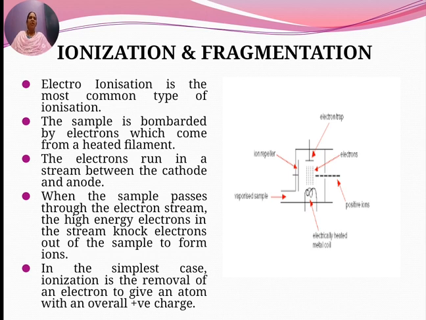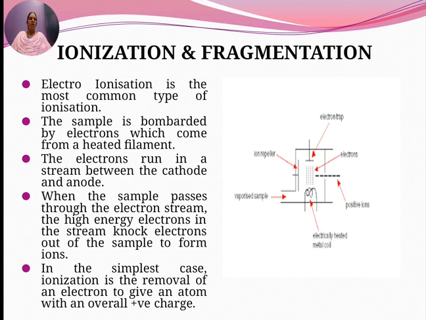So it is the simplest case, that is, you are removing the electron from the outermost orbital of an atom and making it positive charge. So overall you are changing the charge of the ions, the charge of the atoms. The sample is being bombarded by high energy electrons.